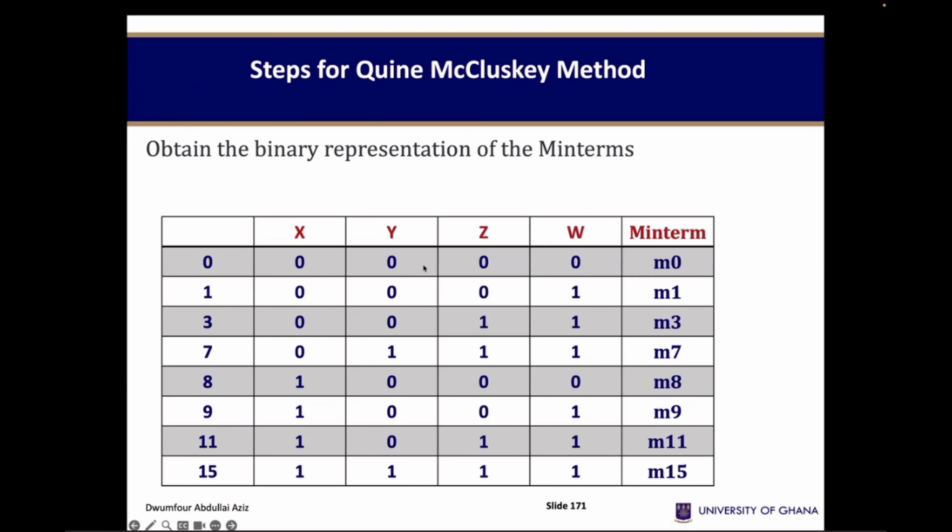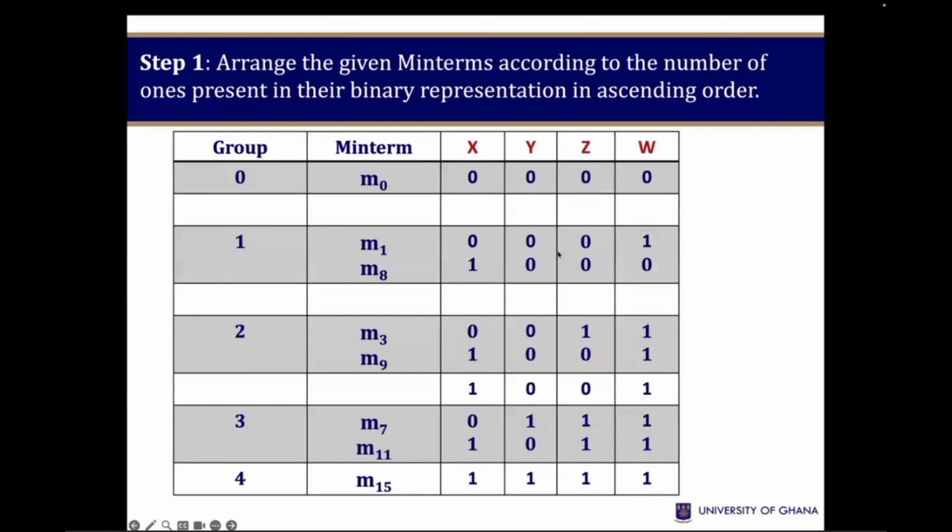Those that have 0 ones belong to group 0. So which of these minterms has 0 ones? M0. Very good. So M0 has 0 ones, and under group 0 we put M0 and write out its binary representation. That's all. Then we come to group 1.